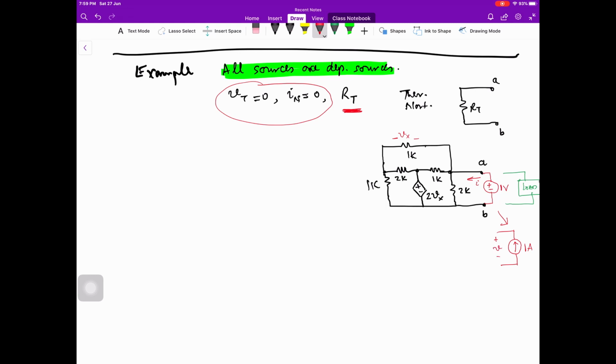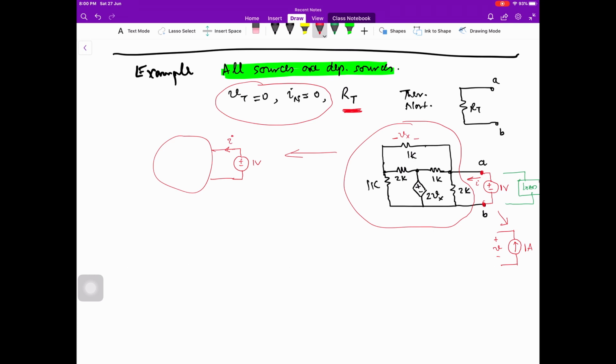And what we are doing, we want to find the Thevenin equivalent of this circuit seen from the pair of terminals A and B. So over here we have a known voltage and we can find the current.